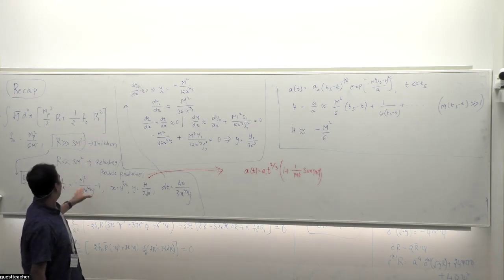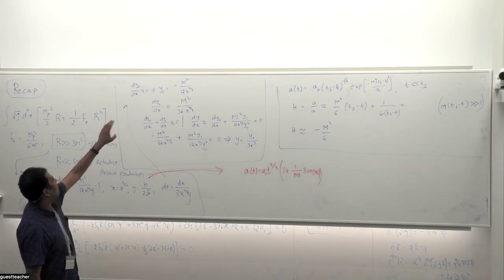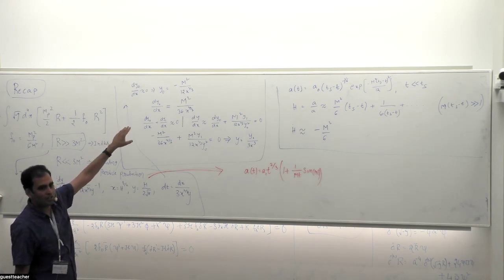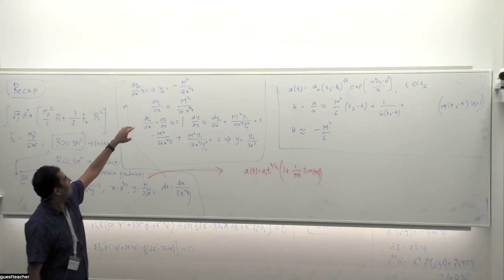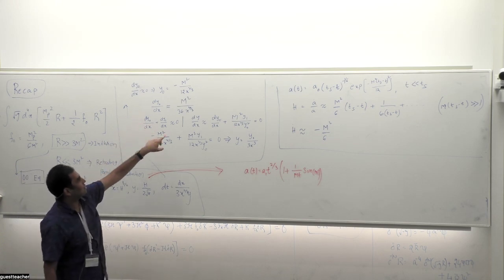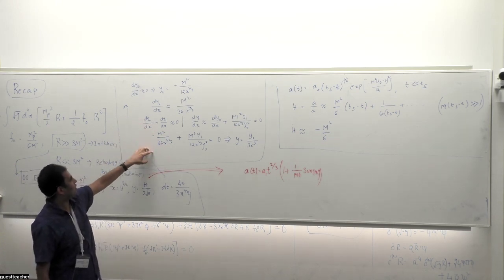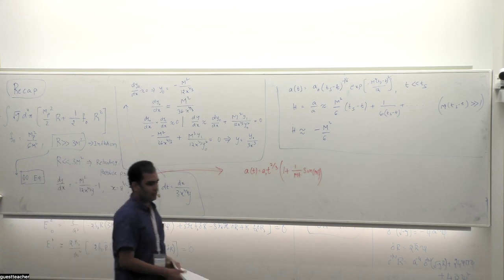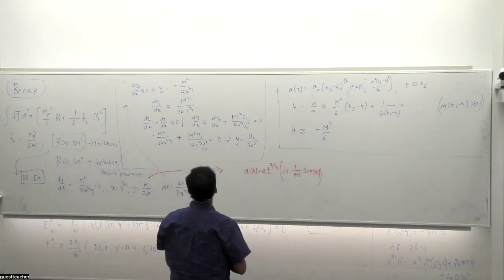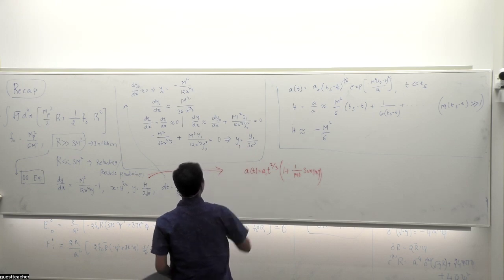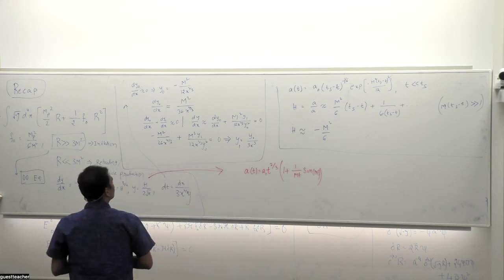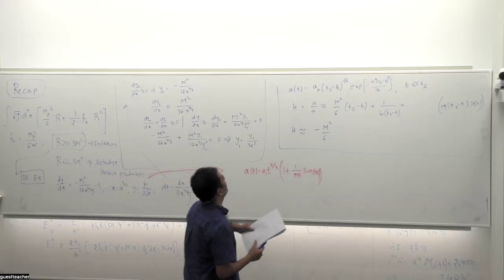The iterative method is basically you start with a zeroth order solution, then say there is a correction, a first order solution, and you get the first order correction, which is y1, and then you get a solution for the scale factor.